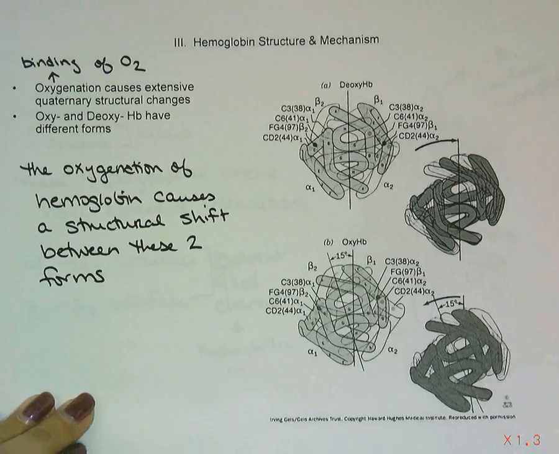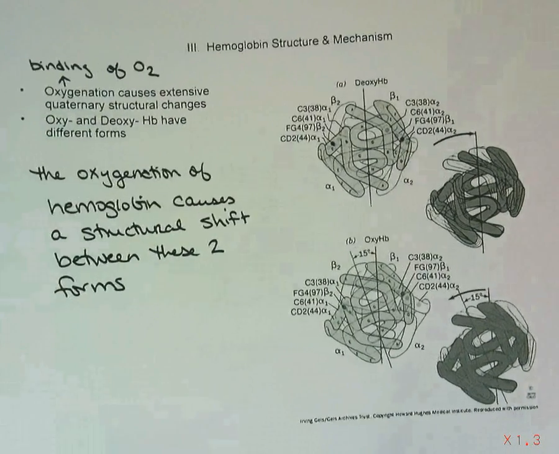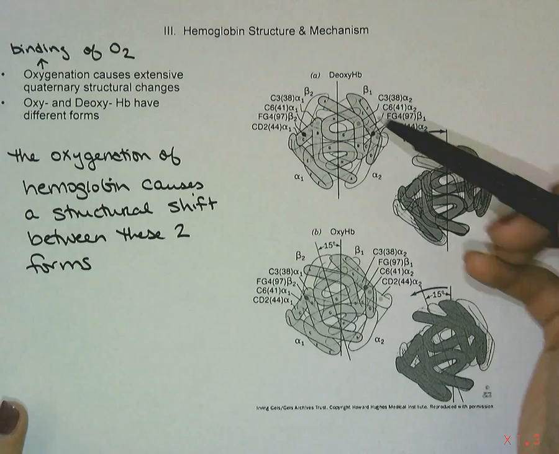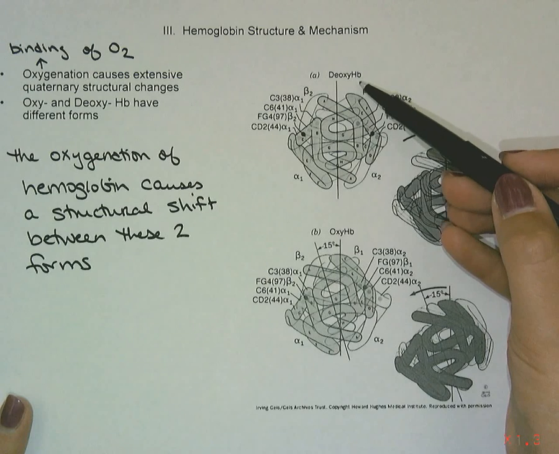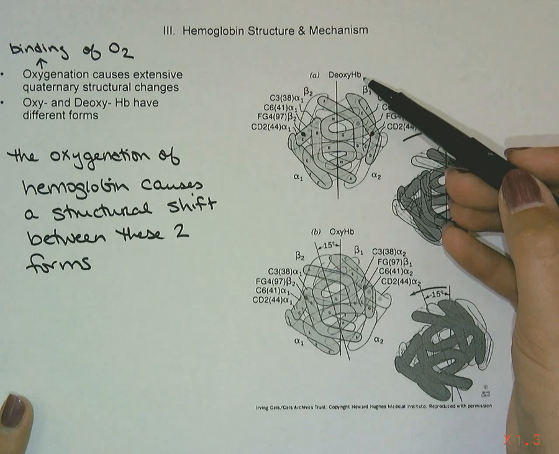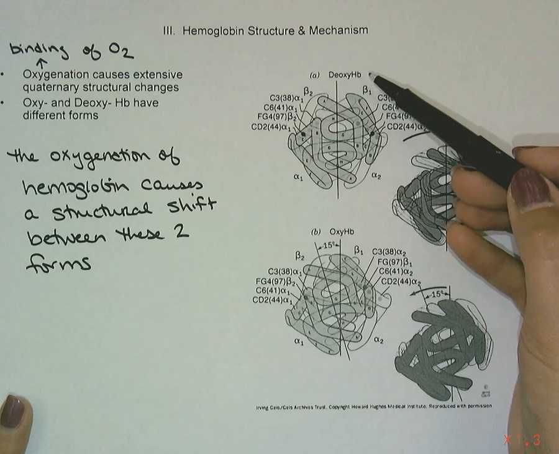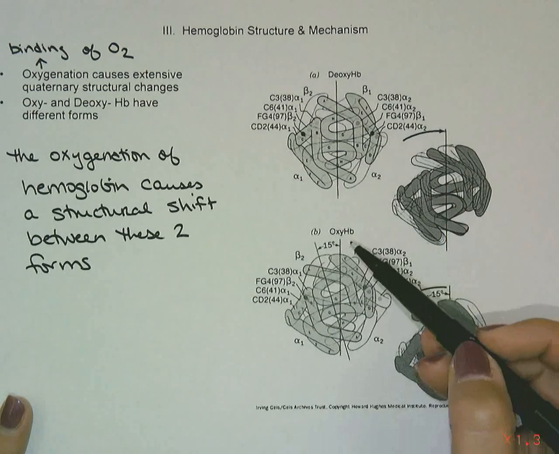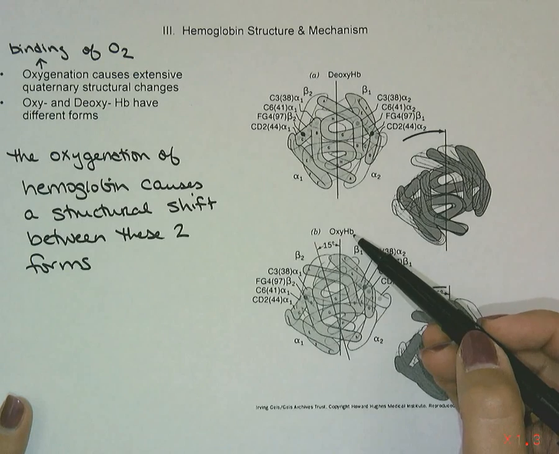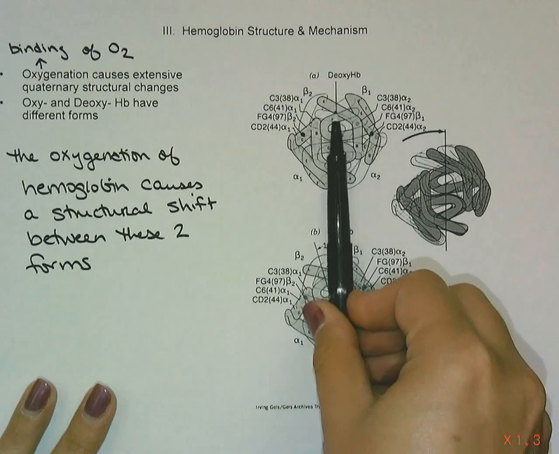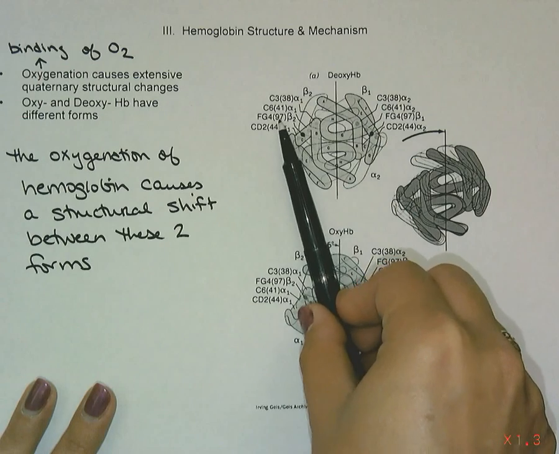So looking at this figure, which is in your textbook, at least a version of it, maybe not this exact one, we have the deoxygenated hemoglobin up here at the top. Deoxygenated means that there are available binding sites for oxygen. When all 4 binding sites for oxygen have been filled, the structure actually rotates 15 degrees.